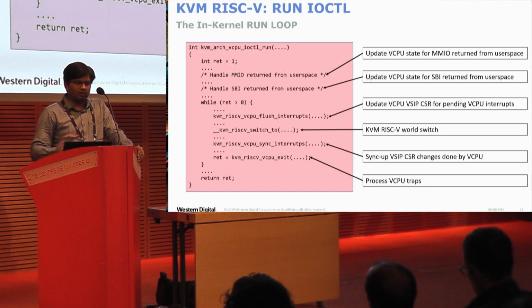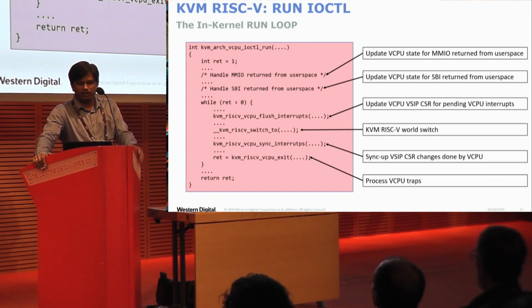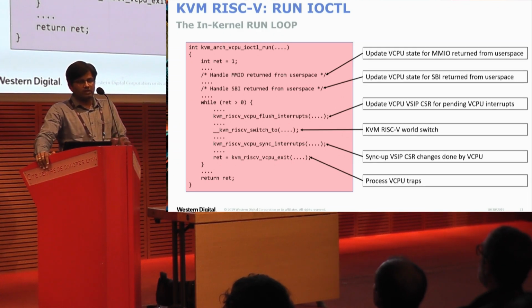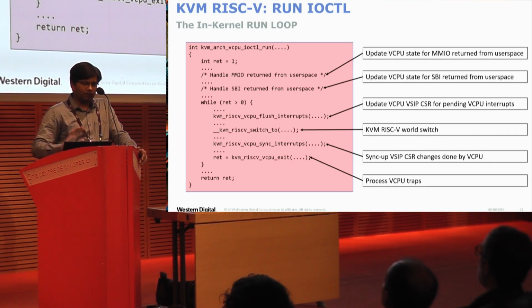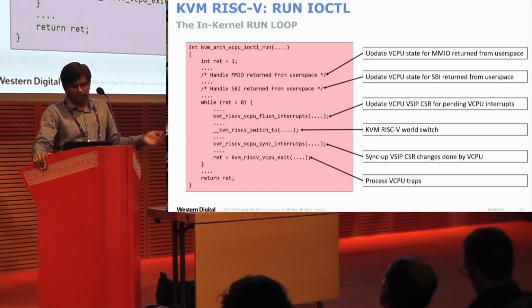This is another high-level view of the in-kernel KVM run loop mentioned in the previous slide. It does a lot more than shown here, of course, but we have tried to highlight the important parts. First, it checks if the ioctl run is called after an MMIO emulation handled in user space, or an SBI call handled in user space.